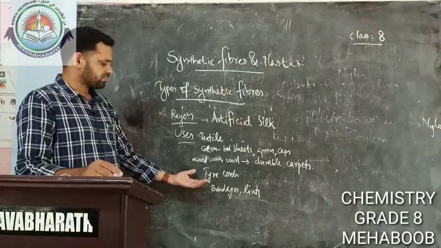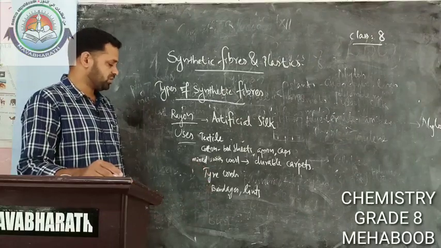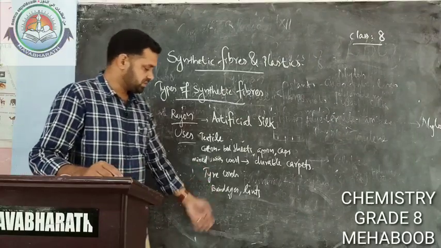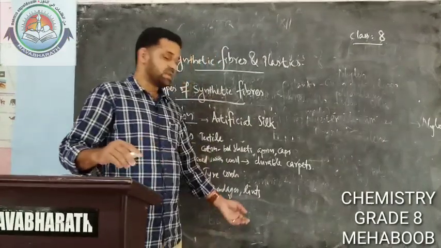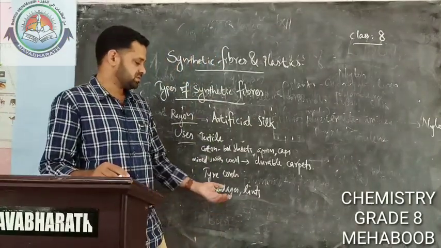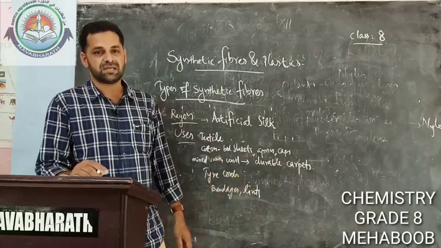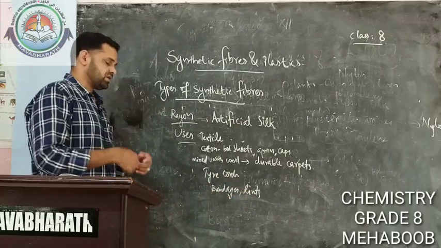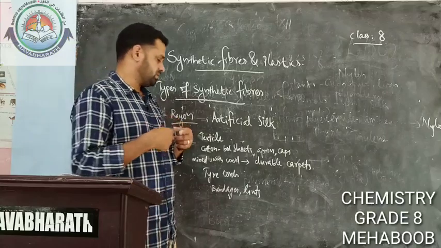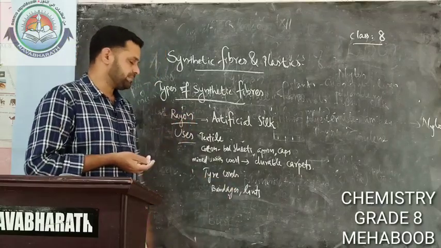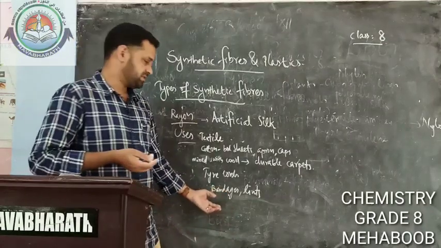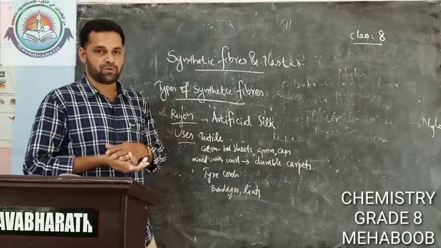It is also used in the manufacture of tire cords, and for making bandages and linens, normally used in surgical treatment to tie the wounds. These linens and bandages are made up of rayon. Okay.